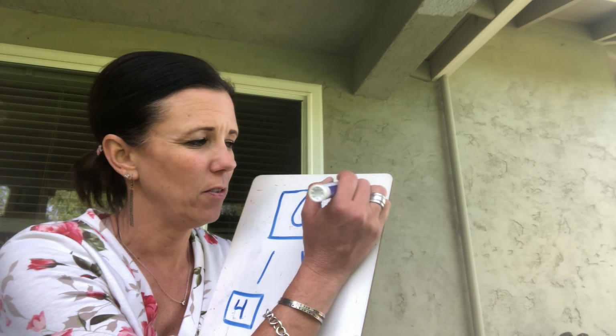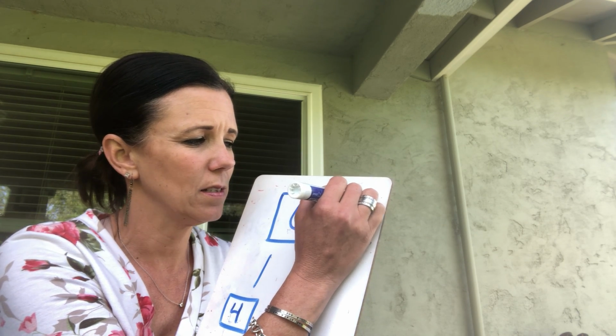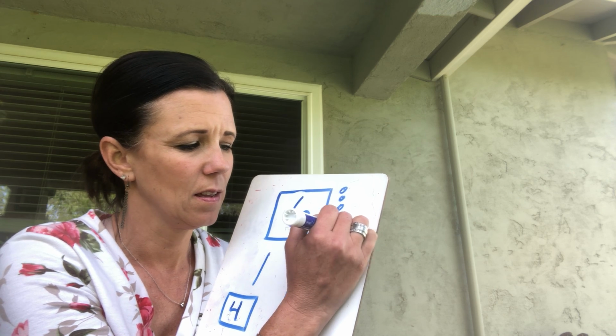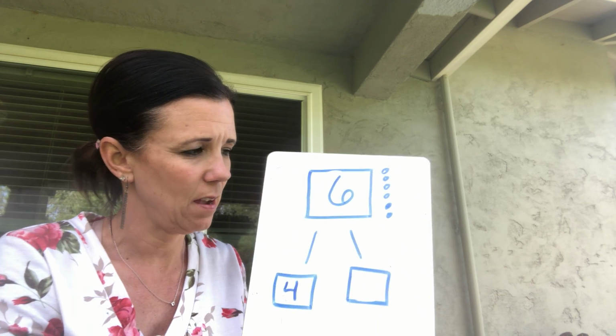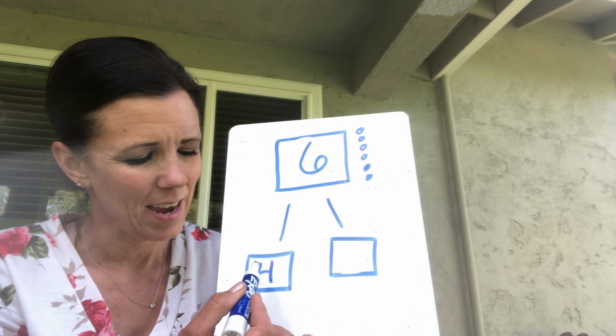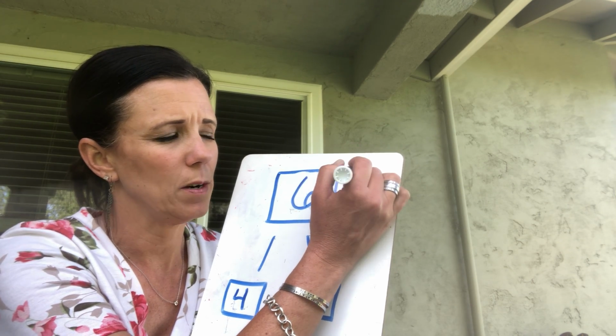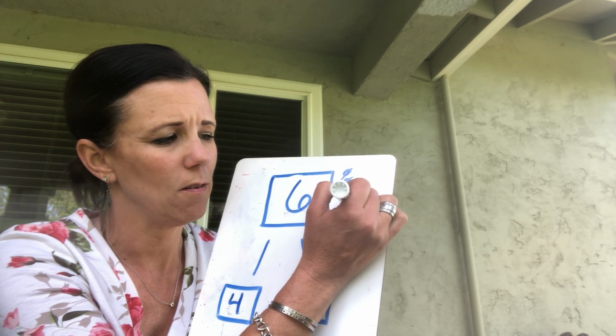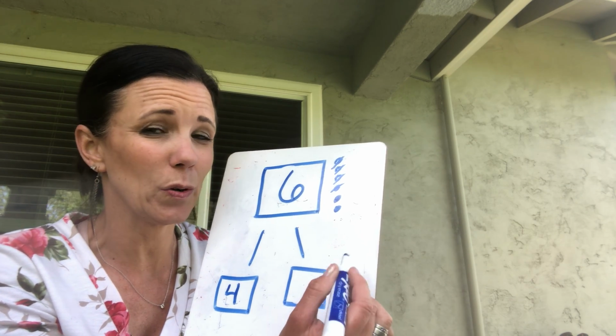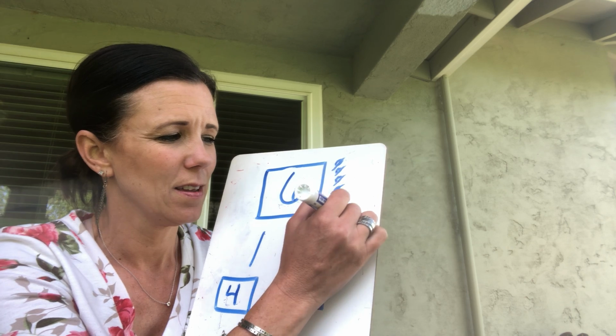All right, my first thing I would do is draw 6. I have 6. Then I would cross out the part that I do know. I know we have 4. So I'm gonna cross out 1, 2, 3, 4. I'm gonna circle the ones that are left over.